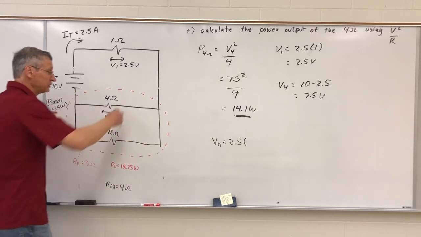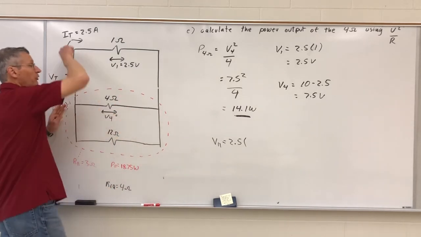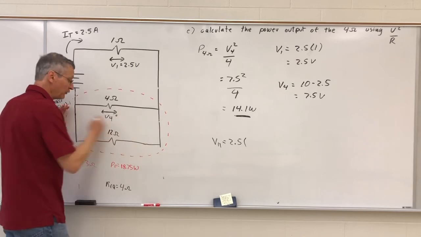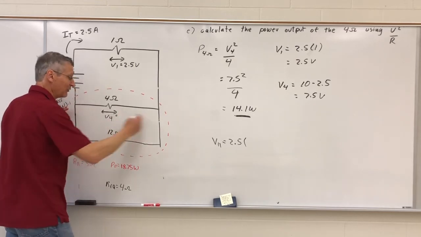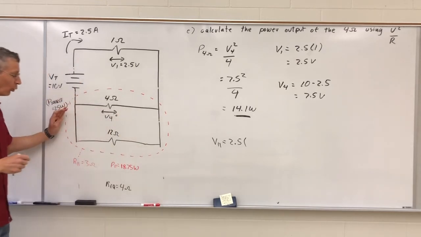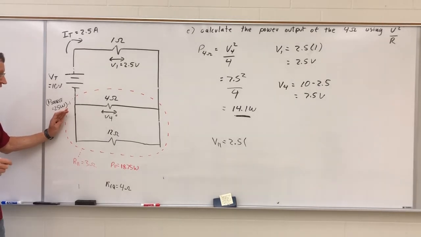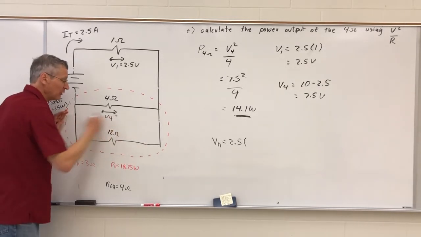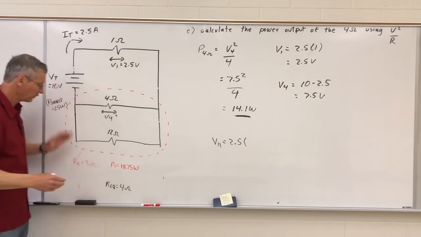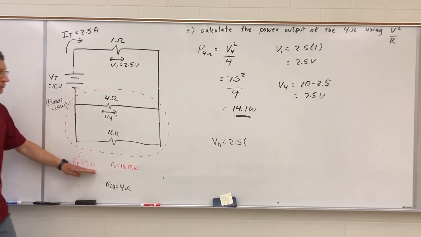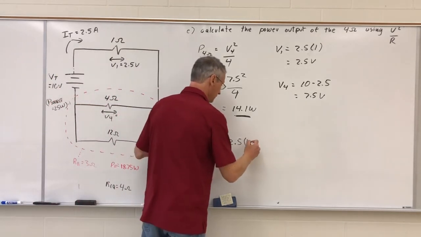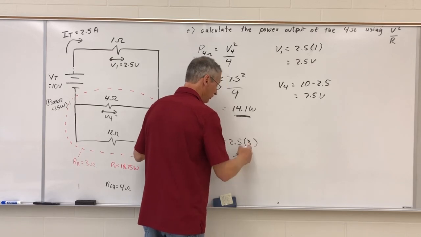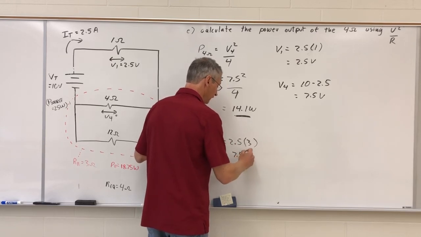And the voltage across the resistor is equal to the current through it times the resistance of this one big resistor. If you treat these two things as one big resistor, their combined resistance is 3 ohms. And 3 times 2.5 is 7.5 volts.